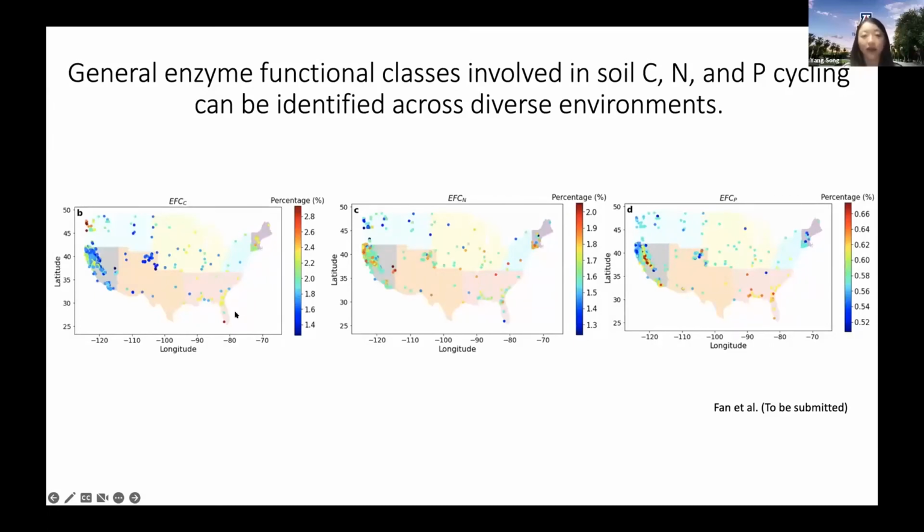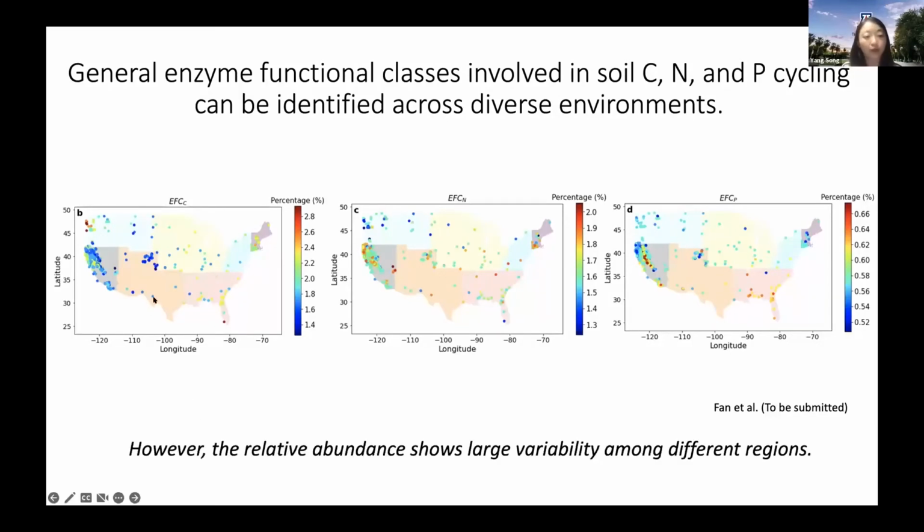So basically, we can see that those general enzyme functional classes, which we identified by grouping these 180 enzymes into around 8 enzyme functional classes, can be identified across very diverse environmental conditions. However, if we look at their relative abundance, it can be very different when we go to different locations.